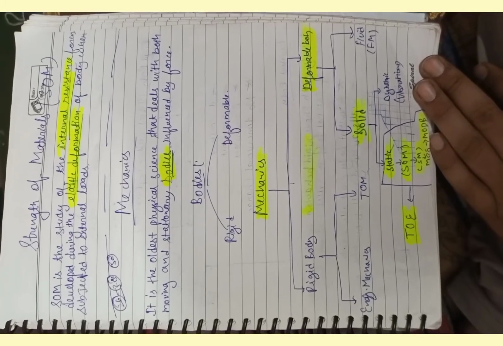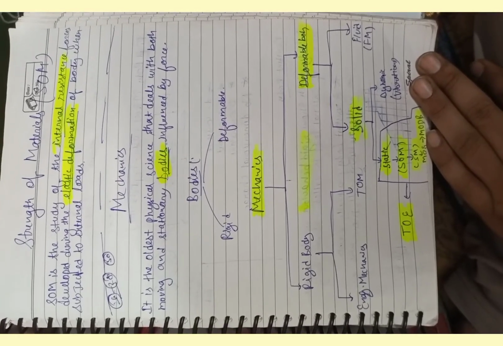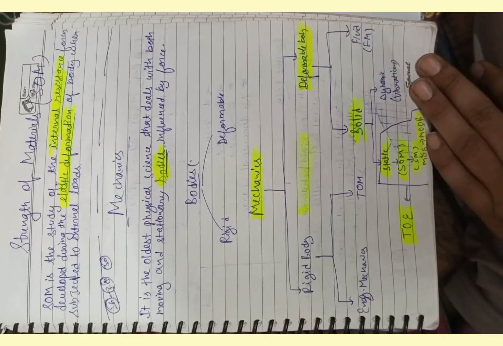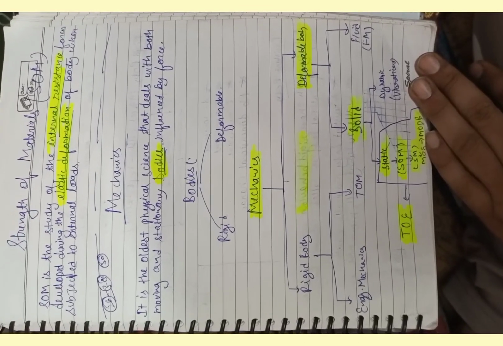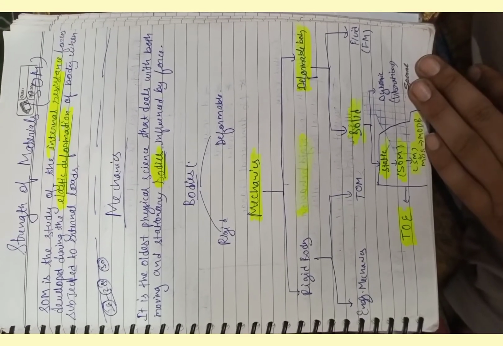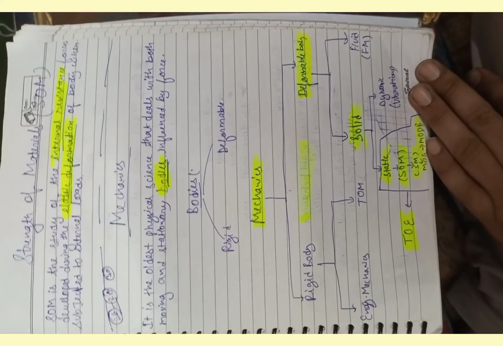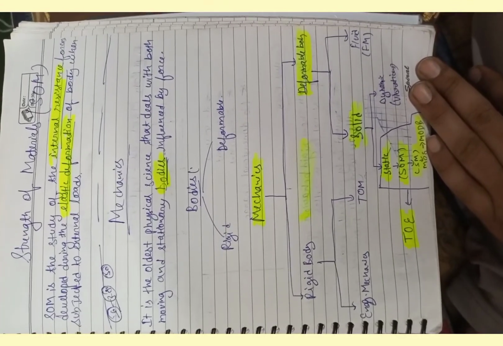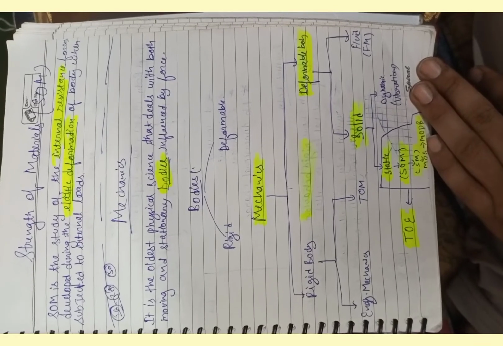Basically, SOM is a study of forces developed during the elastic deformation, not in the plastic deformation. It is the internal resistance of a body which occurs in the elastic deformation.